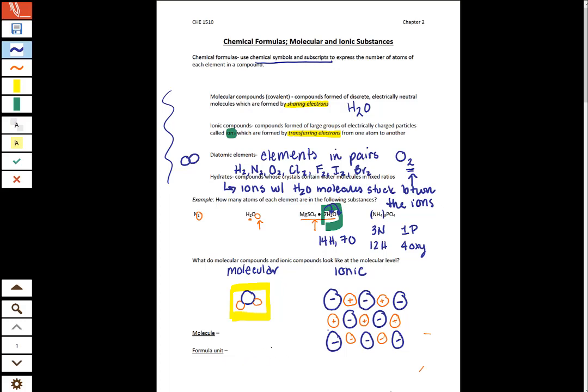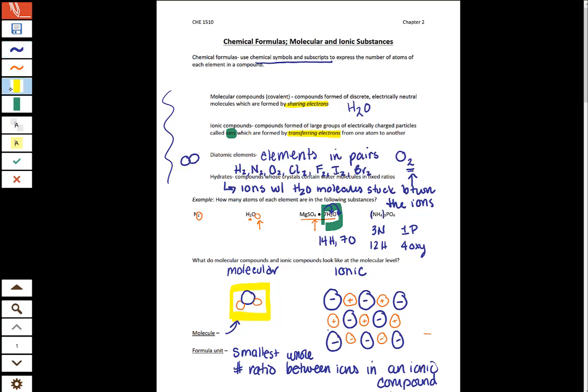Whereas a formula unit is the smallest whole number ratio between ions in an ionic compound. Most students do well with molecule, right? And then when they see formula unit, they are like, I don't know what you're talking about.